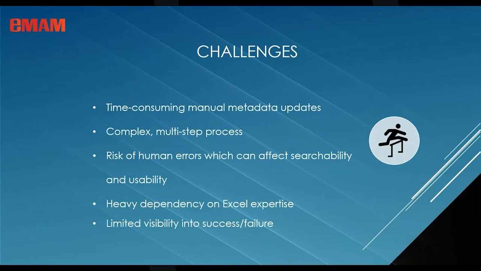It also requires some kind of Excel expertise, like doing the VLOOKUP, which not every user might be good at. And finally, there's also limited visibility into whether metadata updates were successful or not, and even if one failed, what the reason for the failure was.